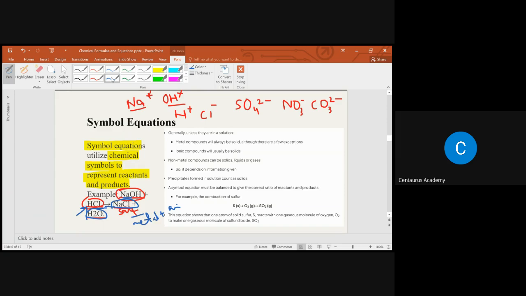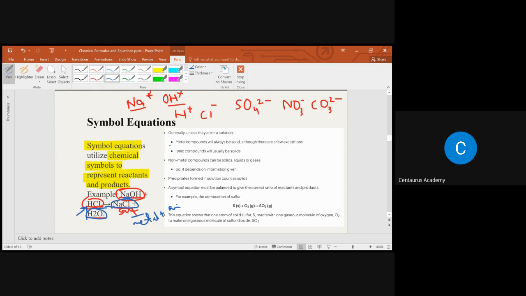The reactants on the left hand side, the products on the right hand side, your state symbols, correct chemical formula, and a chemically balanced equation. Now, when we're writing the state symbols, there are certain things known to us when we go through this whole syllabus.